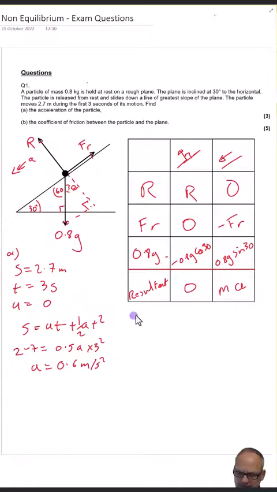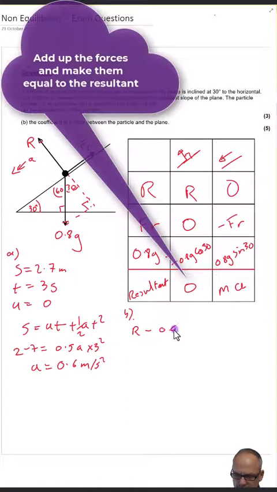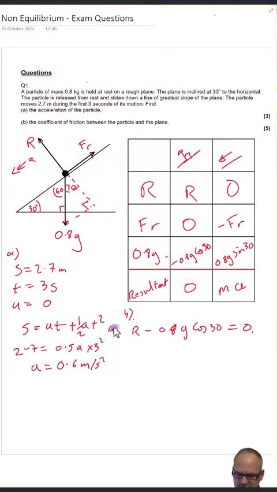From this, we can set up our equations. We know that R minus 0.8 g cos 30 will equal the resultant in that direction, which is 0. So that's going perpendicular. Going parallel, we know that 0.8 g sin 30 minus F_R will equal ma.